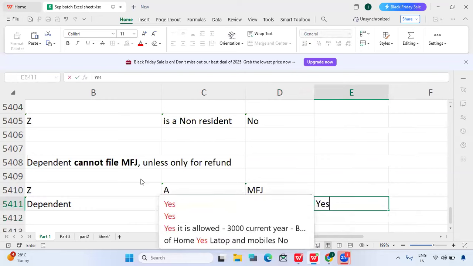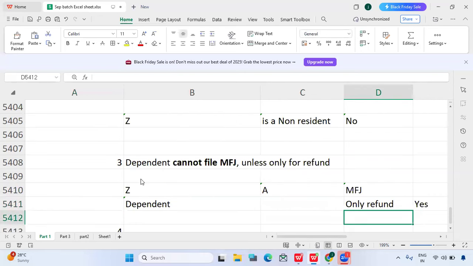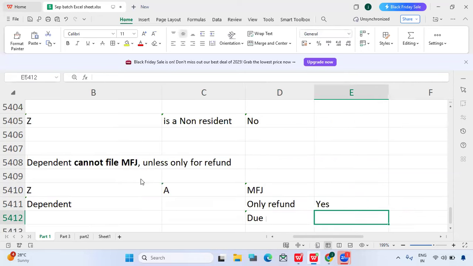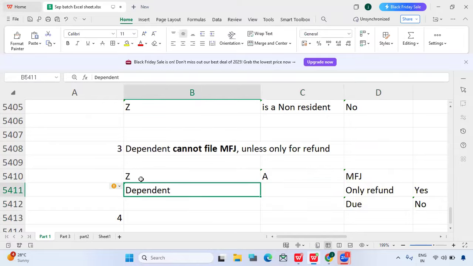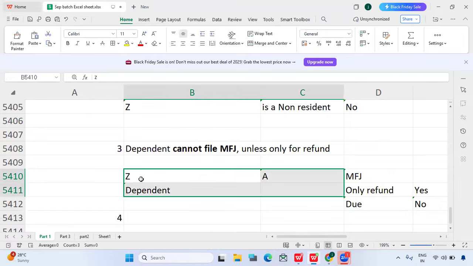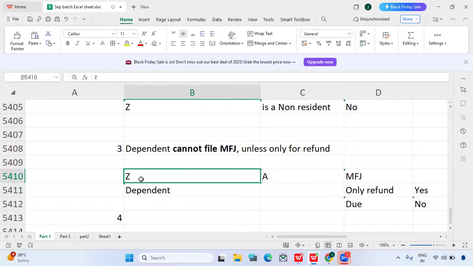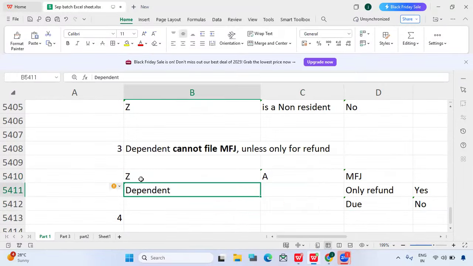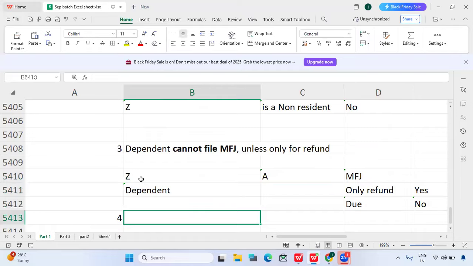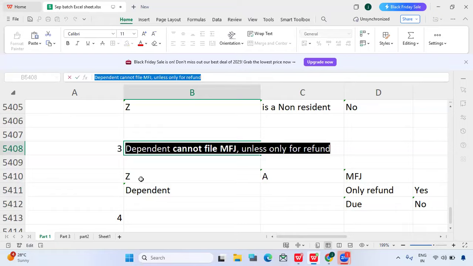Yes, only for a refund. But if Z is not filing only for a refund, so he is actually paying tax liability due, can we consider him a dependent? No. If it is not for a refund, then he is no more a dependent because he is paying taxes. If the person is paying taxes, then he is not a dependent. That is the reason behind giving the condition of only for a refund.